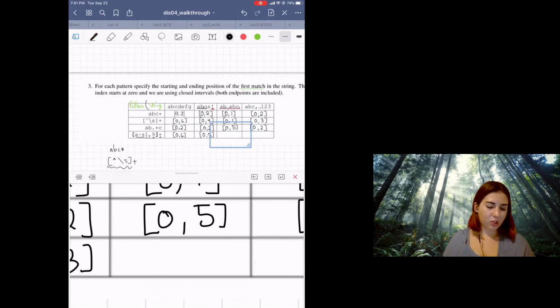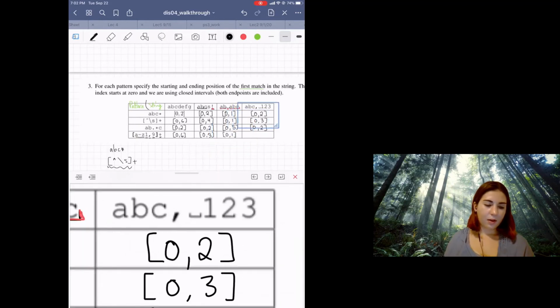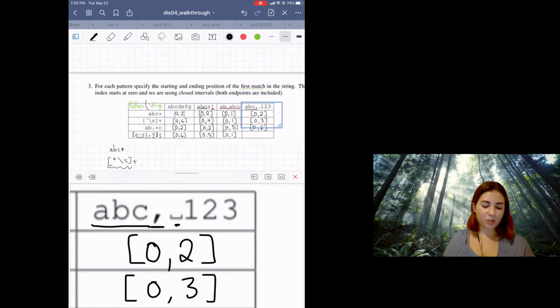So the first match that we come across is A and B. And lastly, for our fourth example, we have A, B, and C, all letters, and a comma, which we can also include as per our matching set, but we cannot match this white space character.